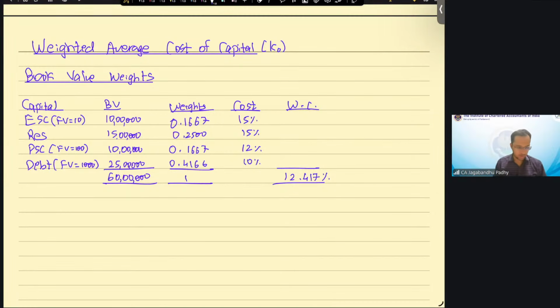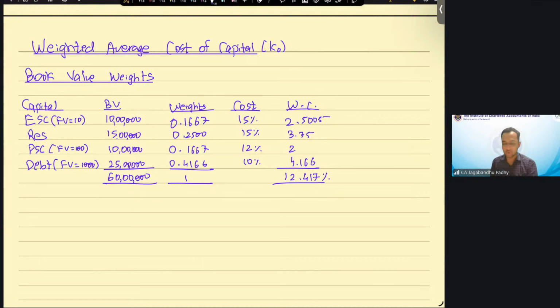0.1667 into 15. This should be 2.5005. Then 15 into 0.25, which is 3.75. 12 into 0.1667, which is 2. And 10 into 0.4166, which is 4.166.